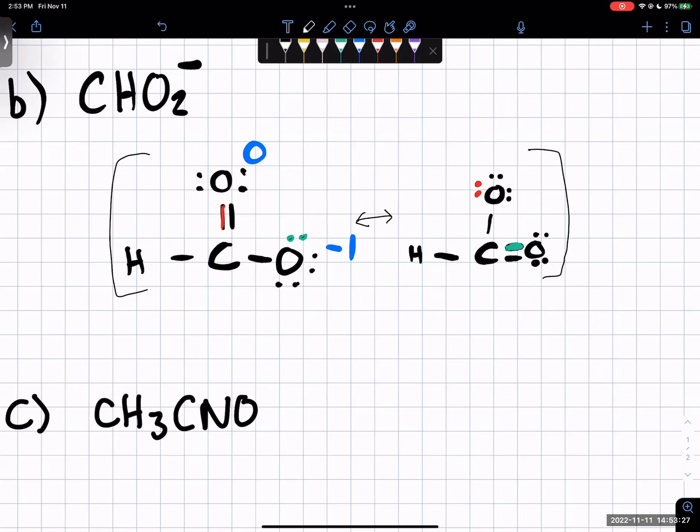But I thought because it's a -1 ion that having more electrons in the structure is preferred, but maybe that's not right. Well, the biggest rule is you can't have a carbon that has an expanded octet, right? So you can't form two double bonded oxygens to the carbon and then have the hydrogen still there, because that would give it 10 electrons, right? Yeah. So that's the big rule for second period elements.